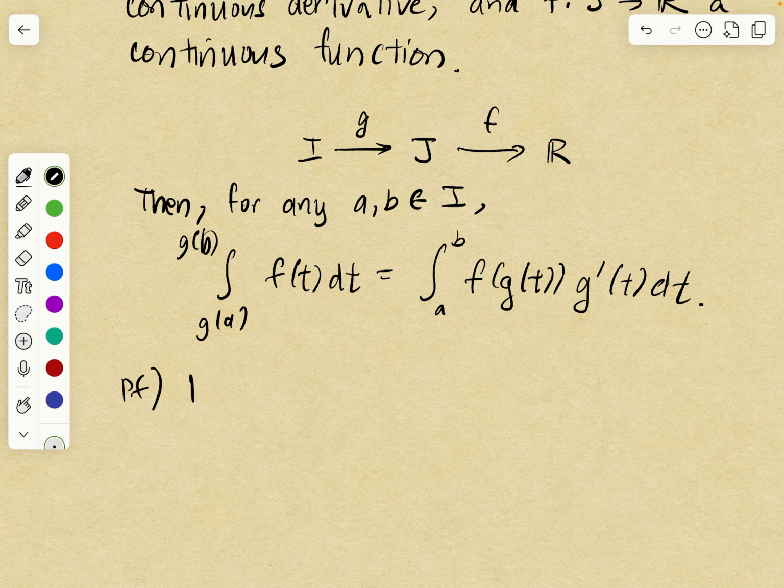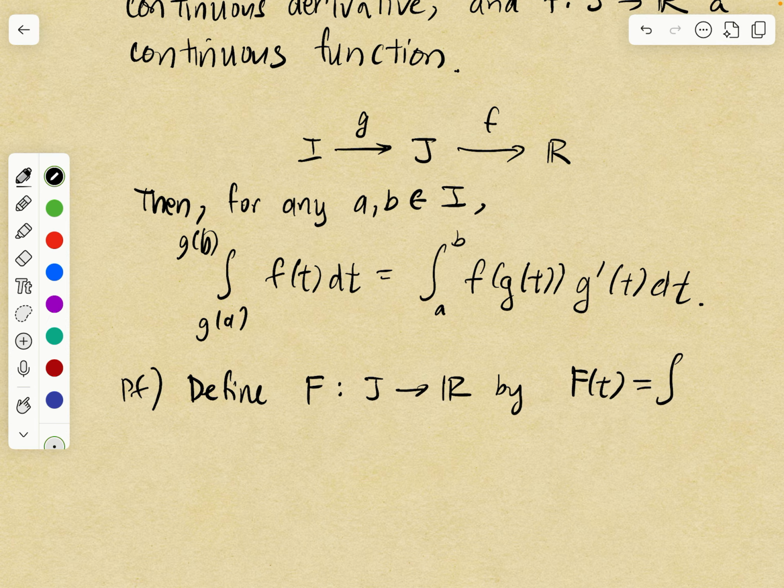So define a function capital F from J to R by capital F of t is the integral from g of a to t of f of x dx.